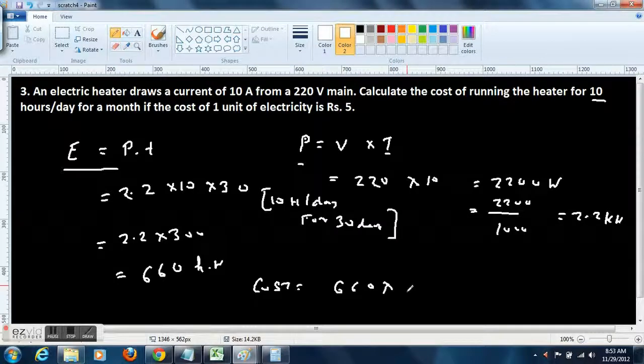That is the total energy consumption for 1 month. So what is the cost? Multiply this 660 by 5, which comes to 3300 rupees. So this is the cost of running the heater for 1 month for 10 hours per day.